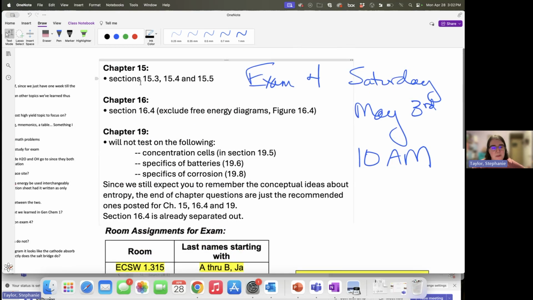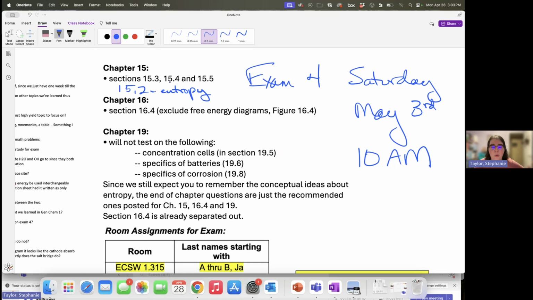So general things, chapter 15. So this does say section 15.3, 15.4, and 15.5. But something that I'm going to mention that you still need, which was especially in 15.2, was dealing with entropy. So we do expect y'all to still have that conceptual information about entropy.